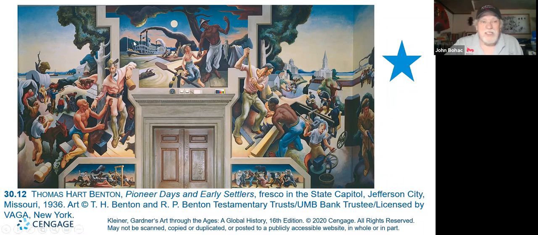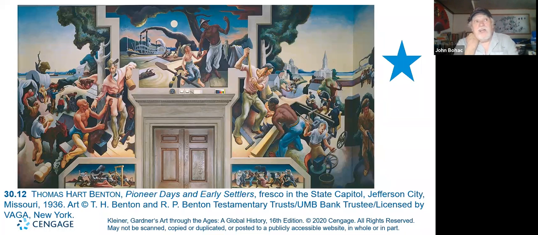the murals were painted oftentimes to promote a particular political point of view. And in Jefferson City, this was the history that they endorsed. So murals were painted for a couple of reasons.